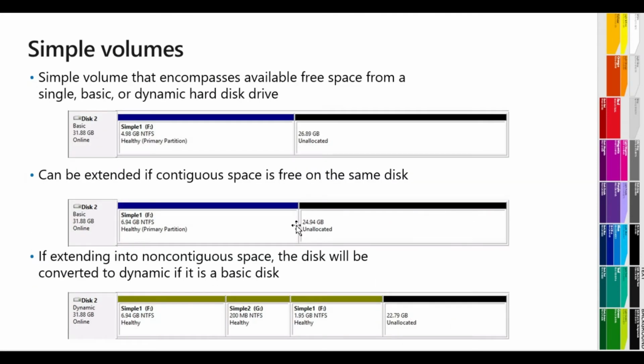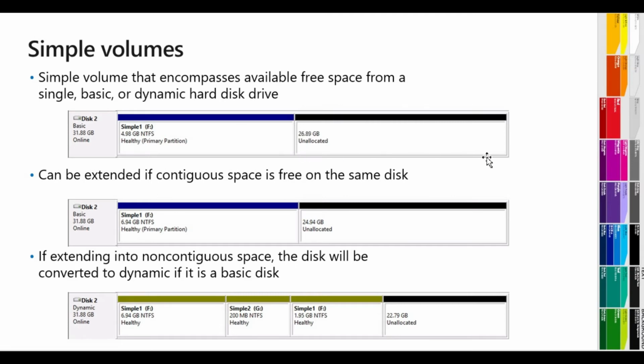Now let's have a look at the volume types. You have a simple volume that encompasses available free space from a single, basic or dynamic hard disk. So this is a basic, simple hard disk. By default, all the hard disk partitions will be simple.